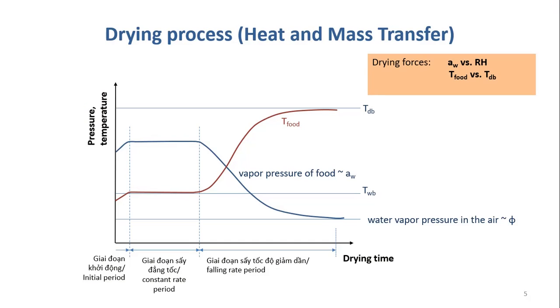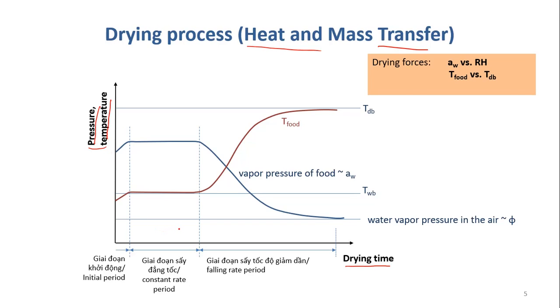Now we look at this graph so we can understand the drying process better. This graph indicates the heat and mass transfer during drying. This axis represents drying time, and here we have the pressure and temperature.